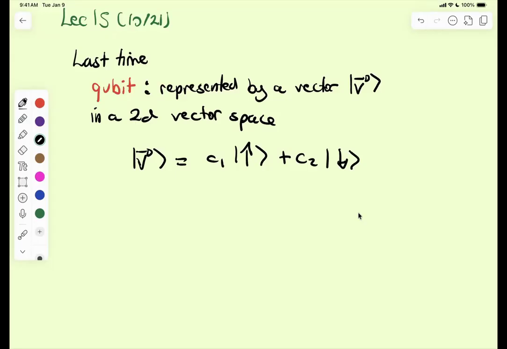This one is called the spin up, and the other one is called the spin down. And we are assuming here that these three vectors are of unit length. So V is of unit length, and the up and down states are of unit length as well.